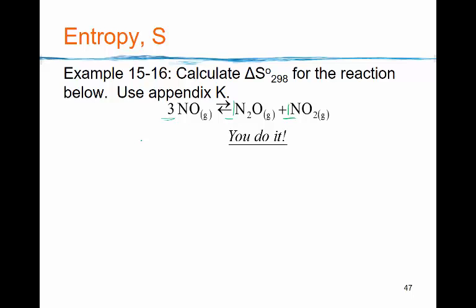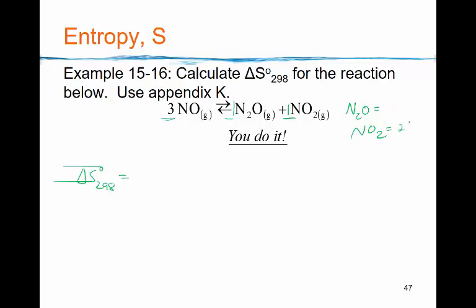All right. So the delta S0 at 298 is going to equal the products. So N2O. Let's see. N2O is 240, because we've already done that one, hadn't we? No, I guess not. No, that's NO2.